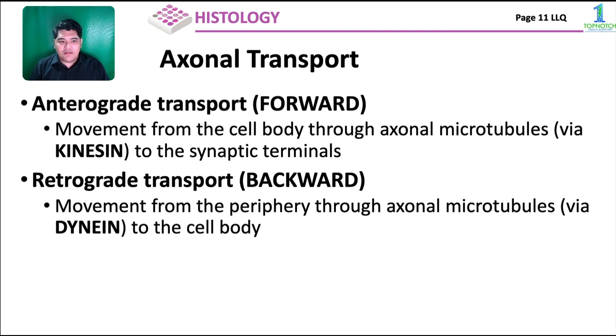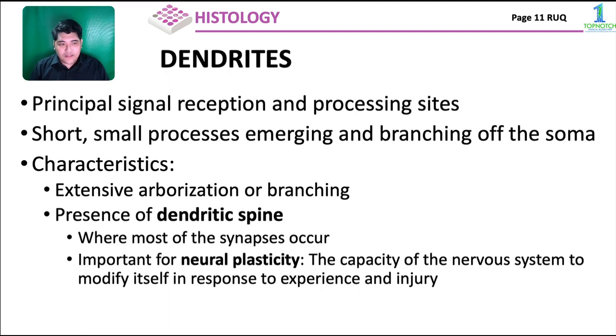This is your retrograde transport. Movement from the periphery through the axonal microtubules via your dynein to the cell body. So, kinesin away and then dynein backward. Remember that.